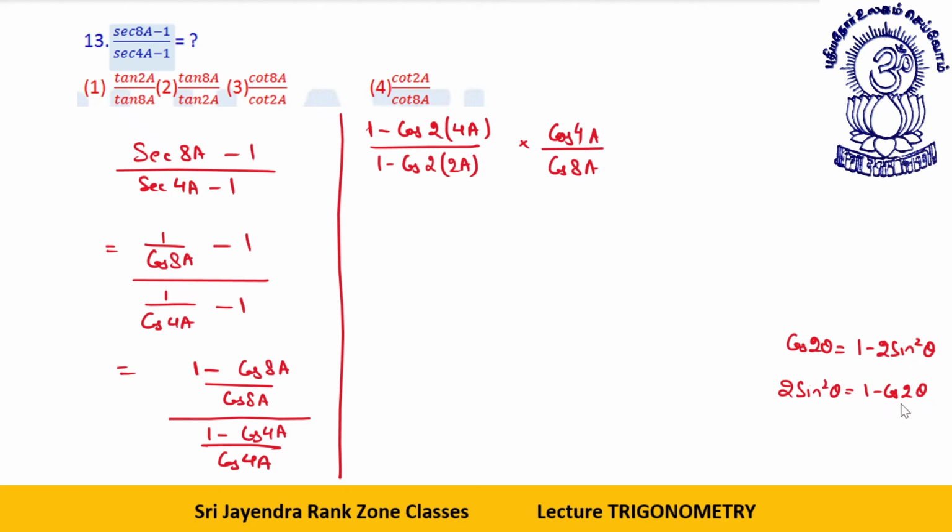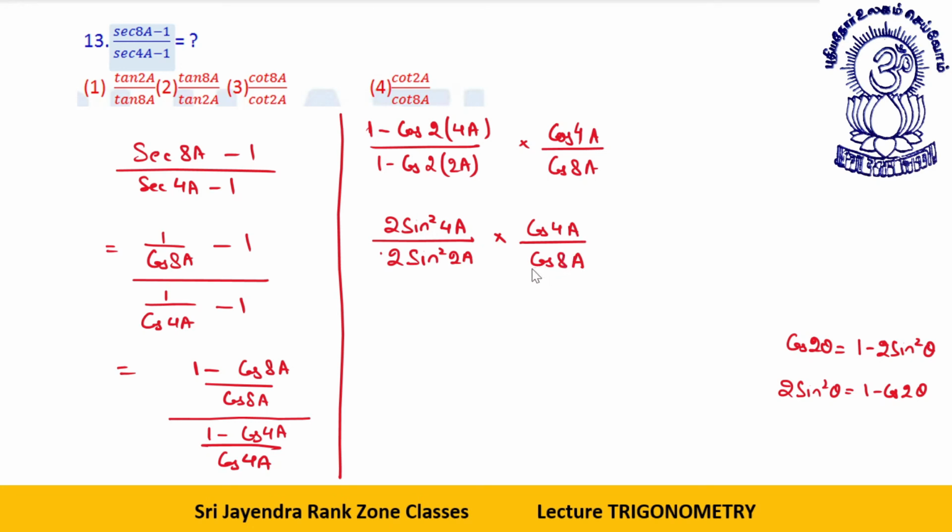So 1 minus cos 2 theta is 2 sine square theta. In place of this I will write 2 sine square 4a. Then 1 minus cos 2 into 2a will be 2 sine square 2a. Then I have a cos 4a and I also have a cos 8a.